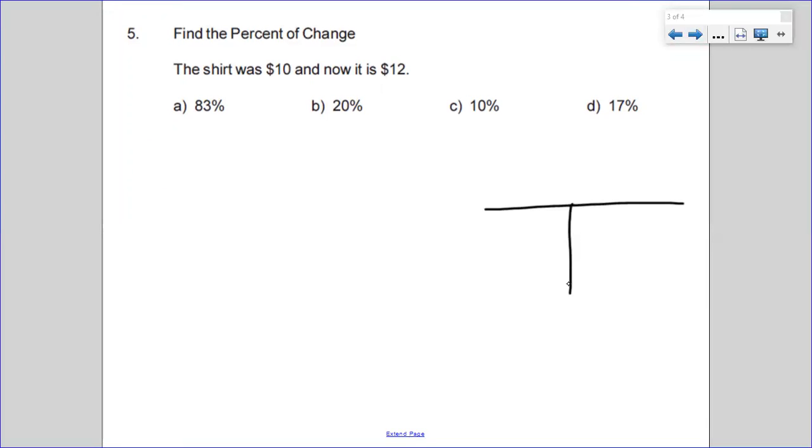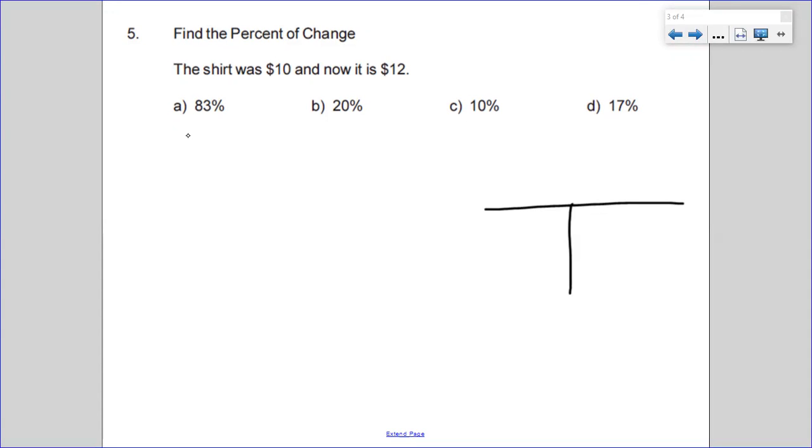The question wants us to determine the percent of change, not what percent 10 is of 12, like some of you did. That would have given you the answer of 83%. But that's not what this wants us to tell them. It wants us to tell them what is the percent of change. If you remember, both of these numbers don't go in the football.